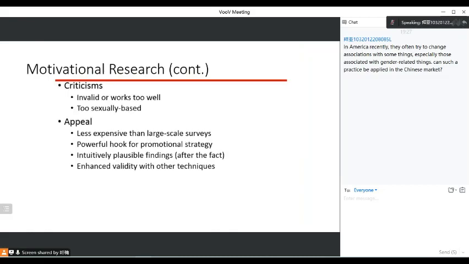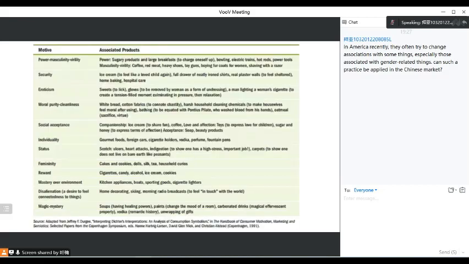I had a question about the association in America. I wrote in the chat, in America they often try to change associations, especially in gender-related things. Is it possible to work in China or not, for cultural difference?